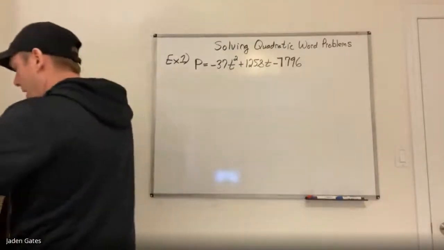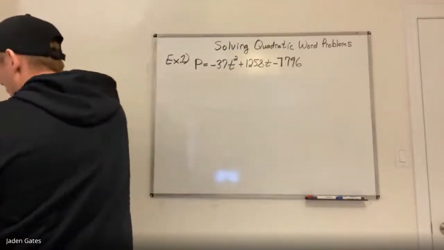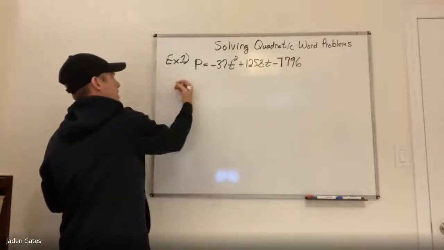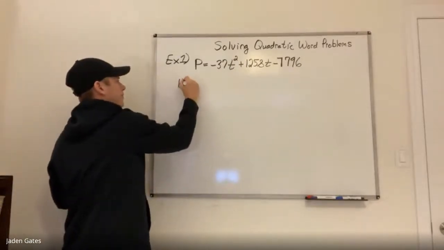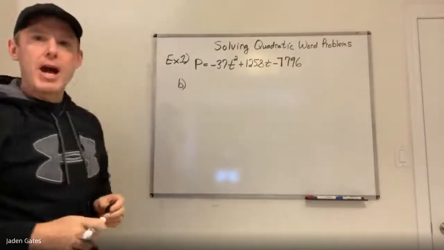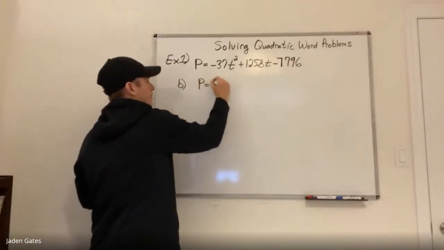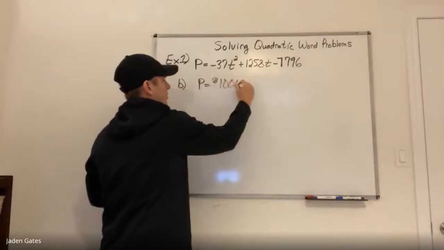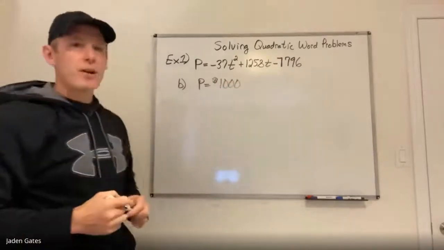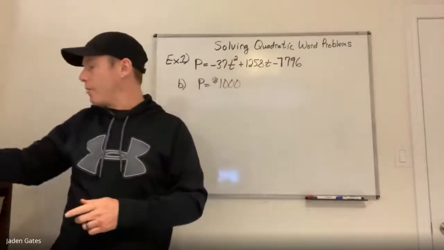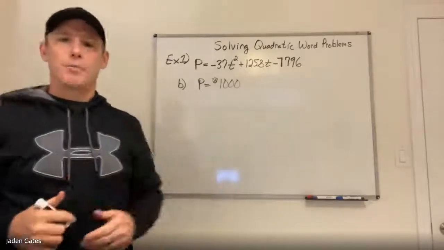All right, now B says, what should the ticket price be if we want to look at having a profit of $1,000. All right, so there's our profit. We don't want to lose money, right? So we're going to figure out the ticket price then.